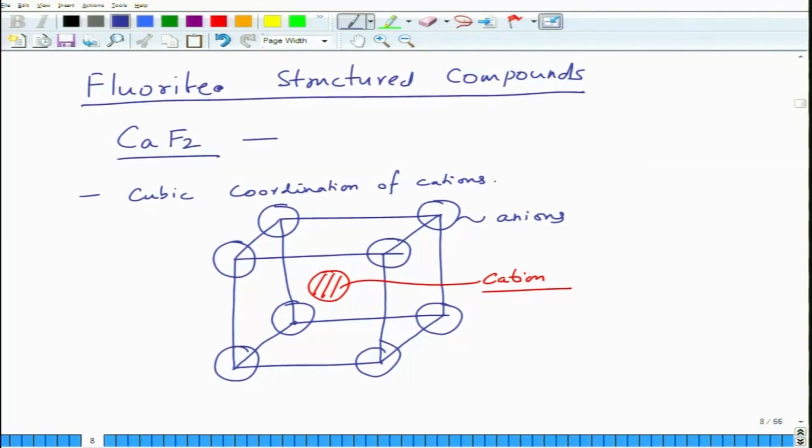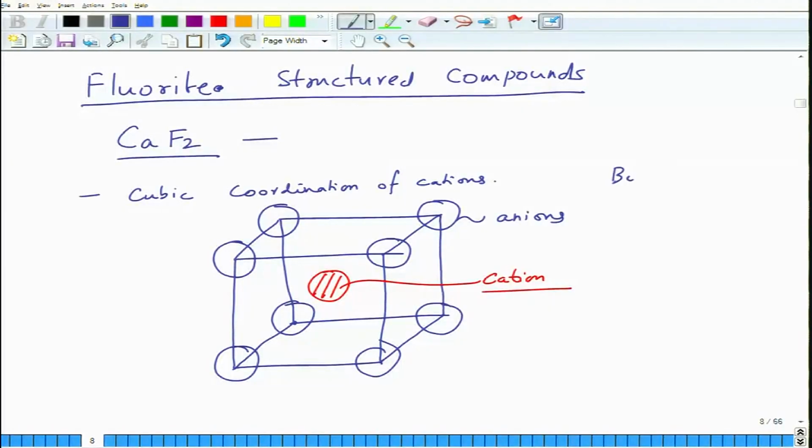What is the valence that you have? The stoichiometry is 1:2. Stoichiometry says that for each calcium I have 2 fluorines, but the coordination number based on this structure is saying that it is 1:1, because both of them have the same number of neighbors.